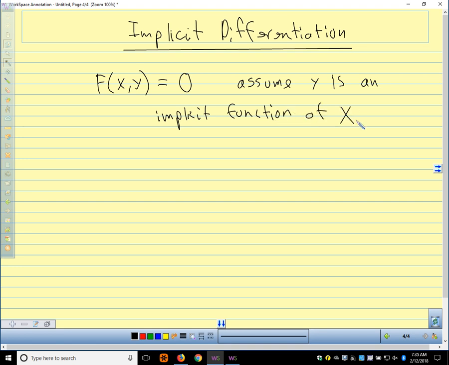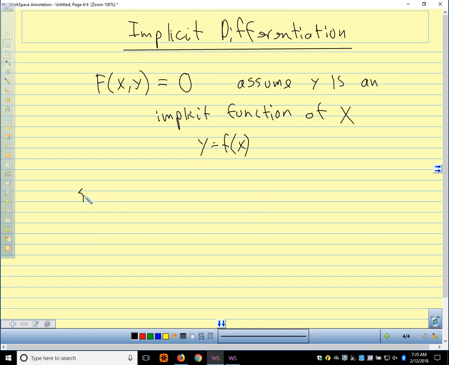So you have something like y x squared minus y cubed x equals 0. So y is implicitly, you could solve that and get y as a function of x. There's some dependence on x in y, but it's hard to write it out explicitly. So we're going to say y equals some function of x.